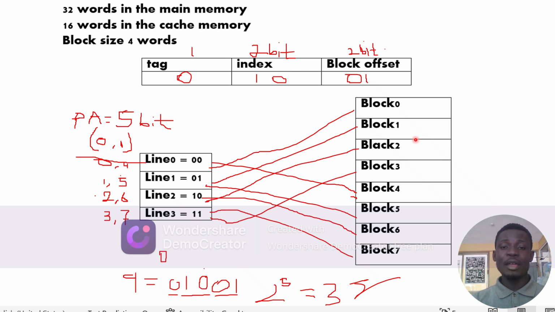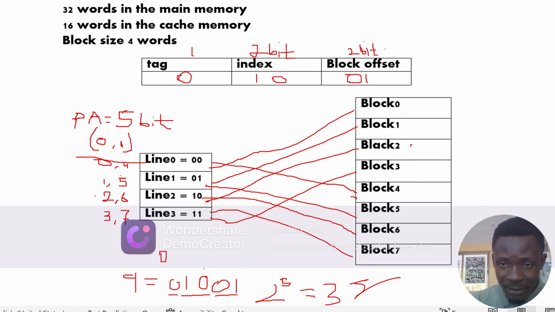Which word are we looking for? We are looking for 0. So don't forget, each block has 4 words. So let's say we have word 0, word 1, word 2, word 3, then word 4, 5, 6, 7.